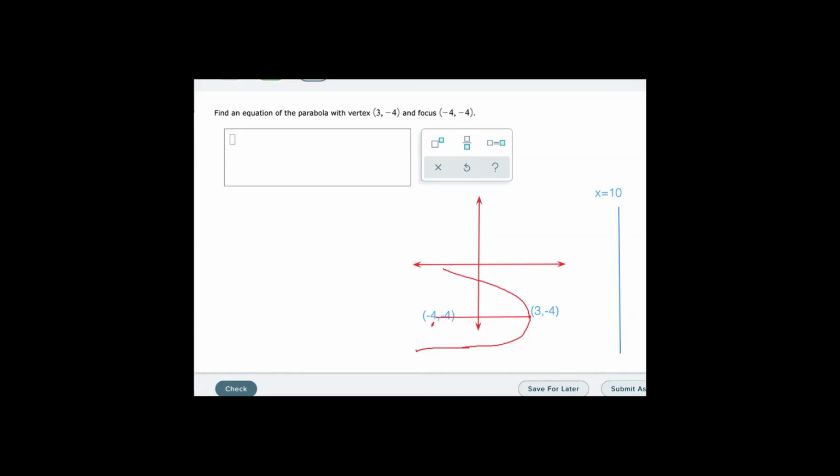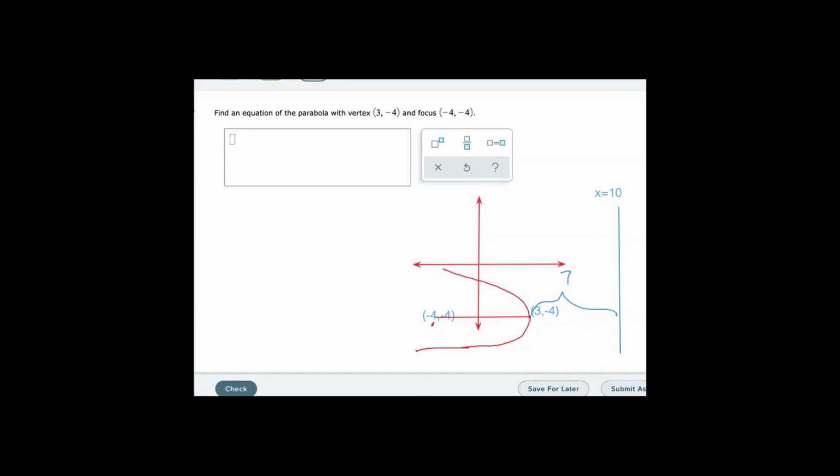And so once I know that distance to the right is 7, then I know my focus is going to be 7 to the left. And similarly, if they gave you the directrix at x equal to -4, then you know that would be 7 to the left, then the focus would be 7 to the right. In this particular case, we have that the focus was given.